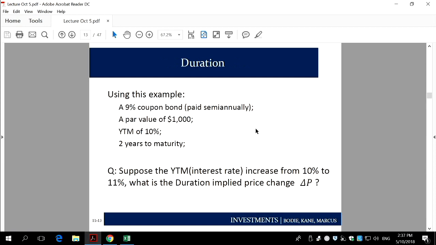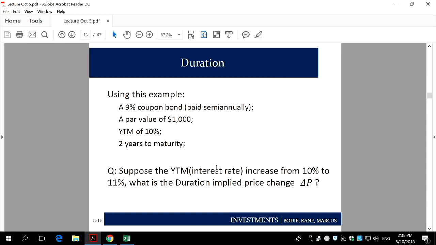Then I use the same example, but the question changed a little bit. Suppose the yield to maturity increases from 10% to 11%, the interest rate changed. What's the duration implied price change? Remember, duration measures interest rate risk, right?